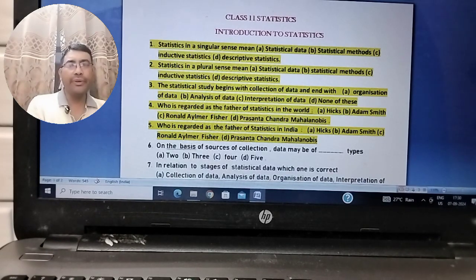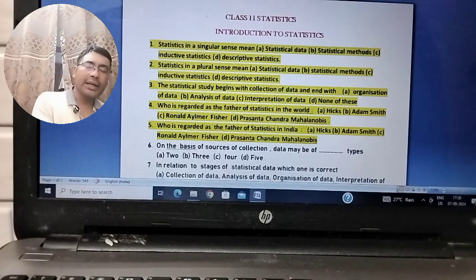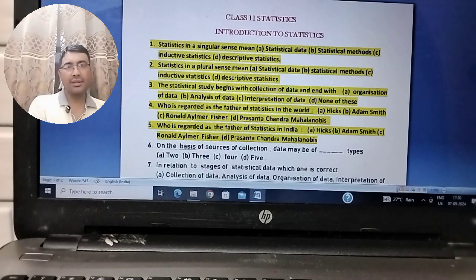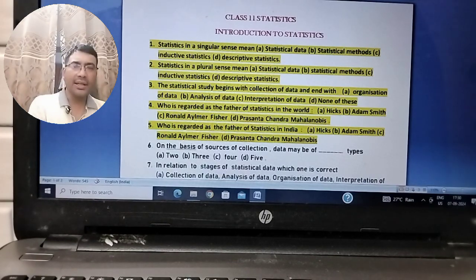Statistics may be viewed in two senses, the singular sense and the plural sense. In a singular sense, statistics means a method, whereas in a plural sense, statistics means data.